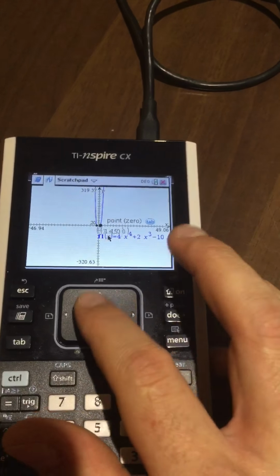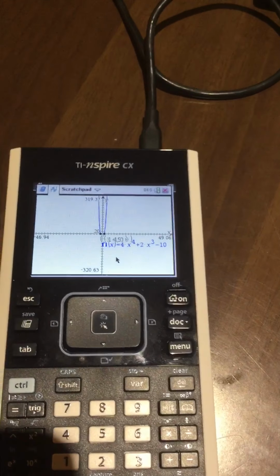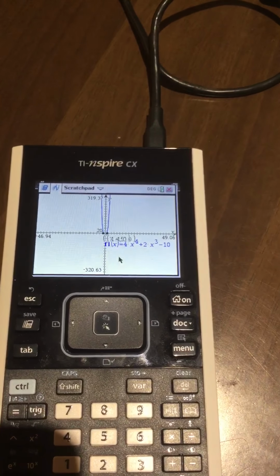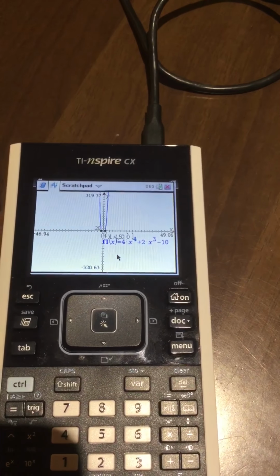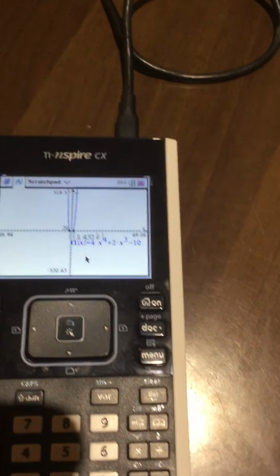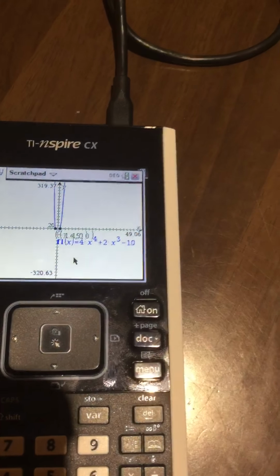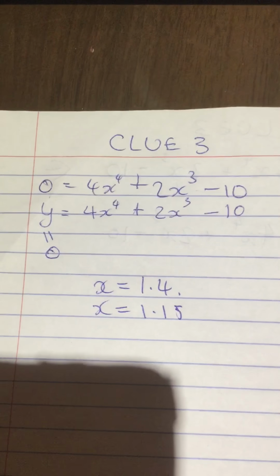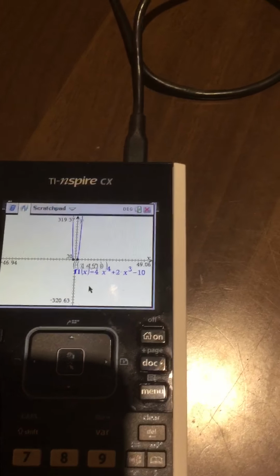It looks like that point there is, no, 1.15. So your x value can be 1.4 or 1.15. There you go. So that's how you can use your calculator to solve it.